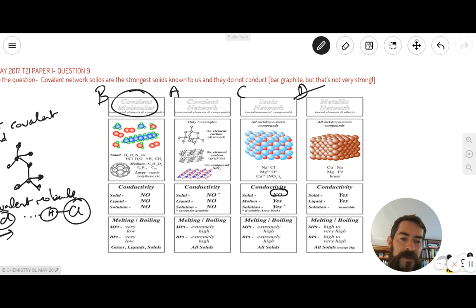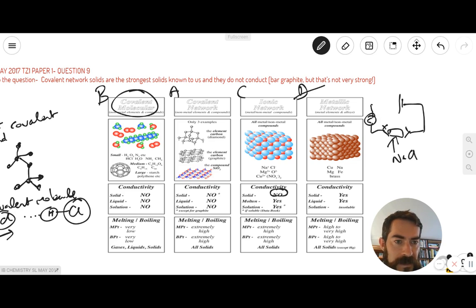So you can take a nice big crystal of sodium chloride and put it into a little electric circuit. So you have your battery right here, some crocodile clips, put a piece of NaCl in there, but it's solid, and then also crocodile clip, like that. Put a little lamp in there, and the lamp will not light because the solid sodium chloride will not conduct electricity.